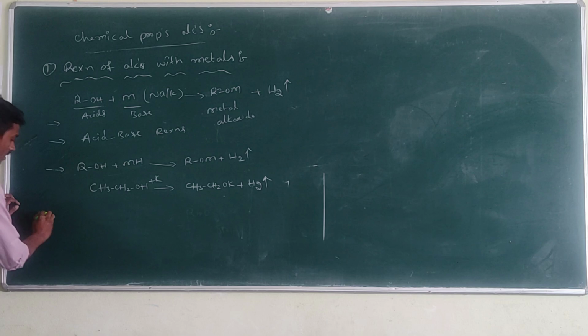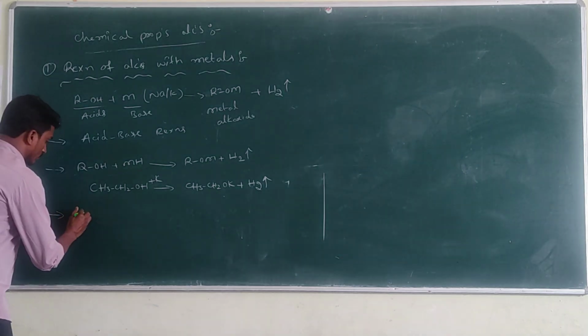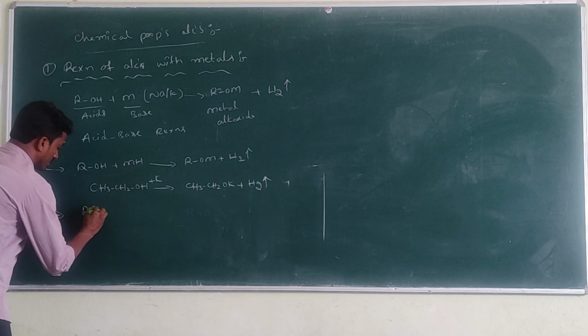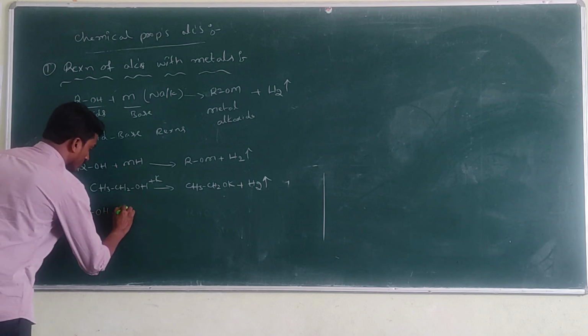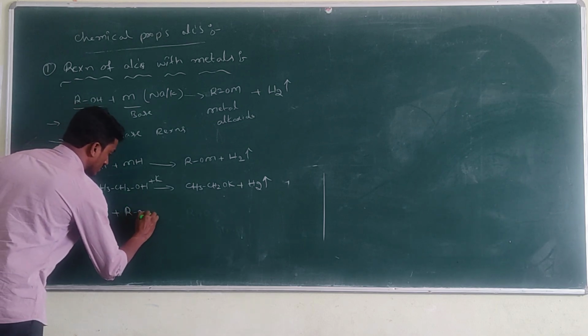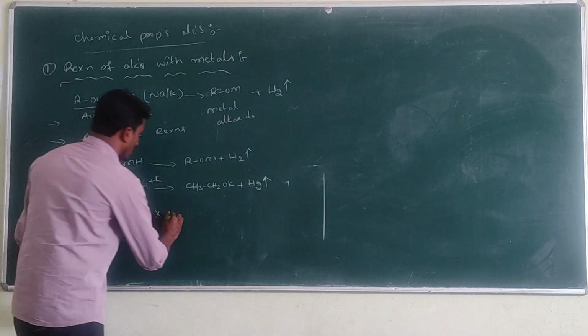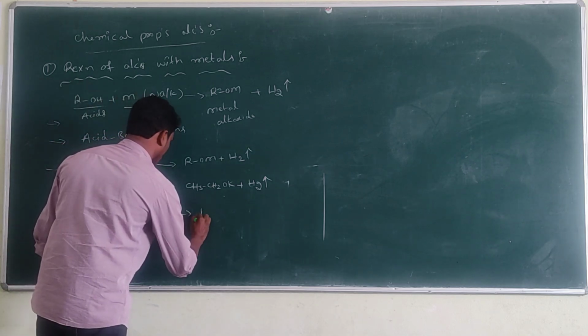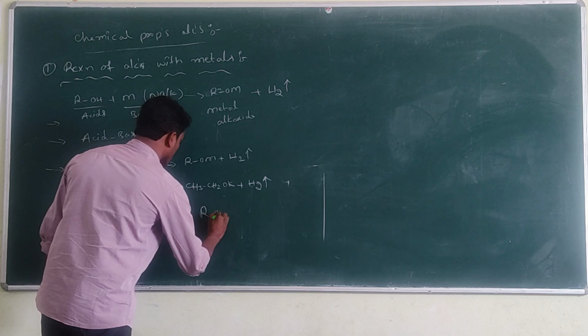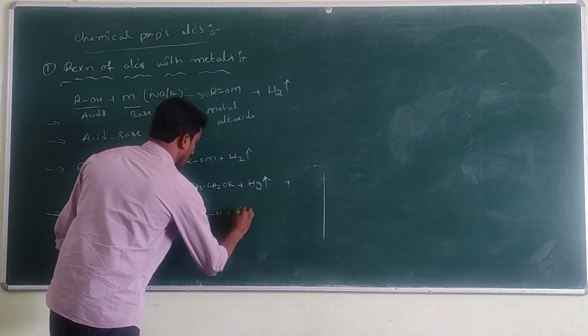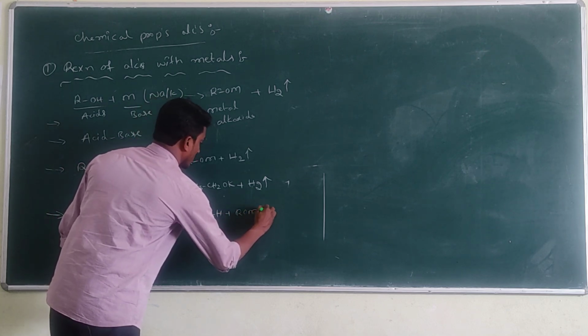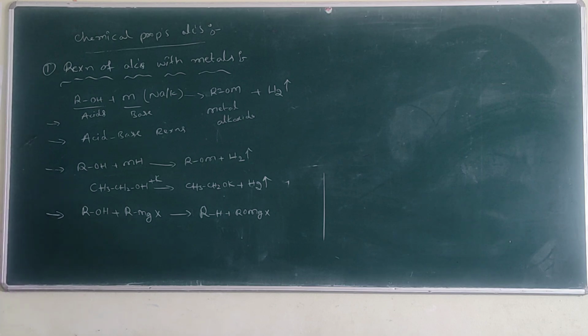In the same way, alcohols can react with a Grignard reagent also. This RMgX is the Grignard reagent. Here alcohols give alkanes and alkoxy magnesium halide.